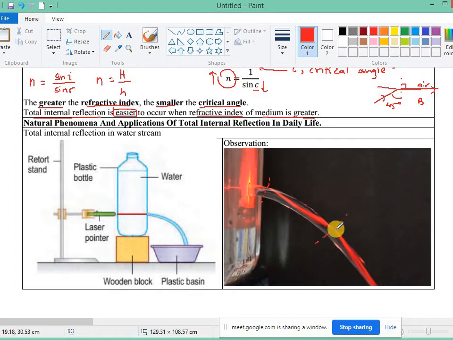Here is another total internal reflection. So the light should come out, but did not. The light totally internally reflects inside here, and inside here. So the light follows the stream of water onto the floor, into the plastic basin like that.